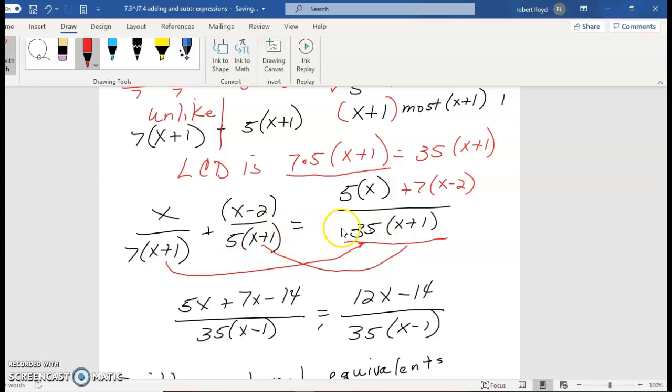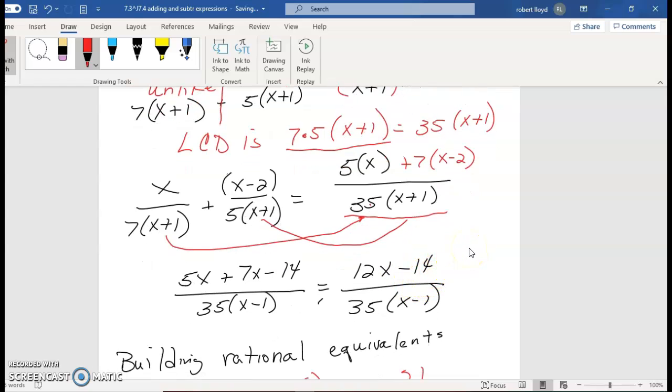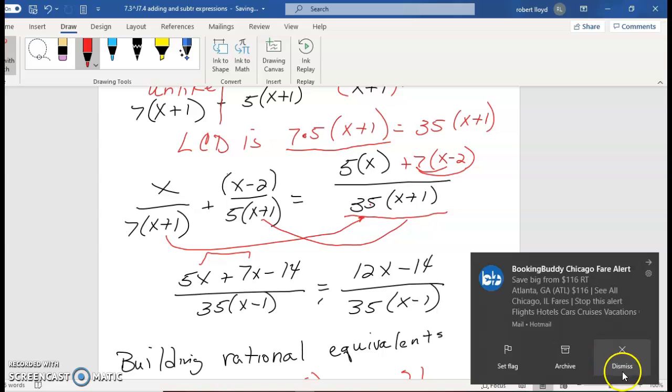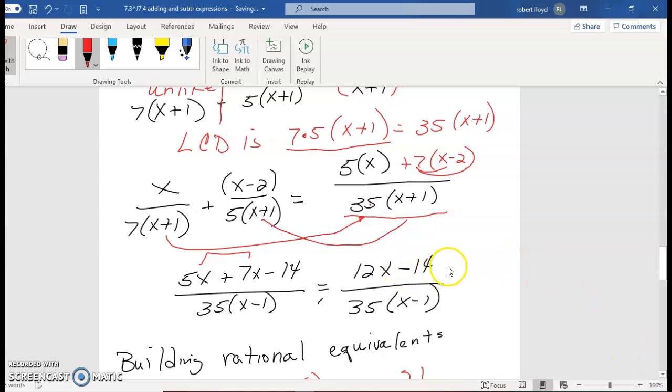The x plus 1s cancel. 5 goes into 35 7 times, and we got x minus 2 of them, so it's 7 times x minus 2. So then we have a common denominator, and we can just add the numerators. So 5 times the x is 5x. 7 times the x here is 7x minus 14. Combine the x's, and we will get 12x minus 14 over our common denominator, 35 times the quantity x plus 1.